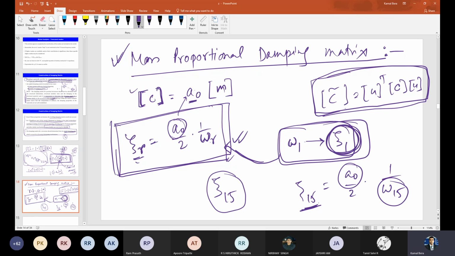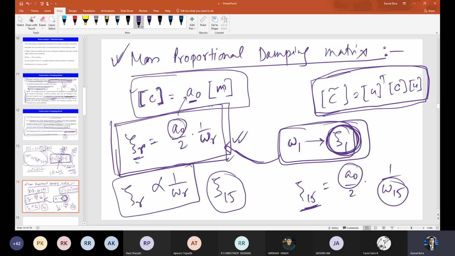Okay, so if I know the modal damping ratio of one mode, then I can find out the modal damping ratio of any other mode, and we can construct the damping matrix in this case. That is called the mass proportional damping. And obviously you can see here, the damping ratio is proportional to 1 by omega r. So as the frequency increases, the damping ratio will what?